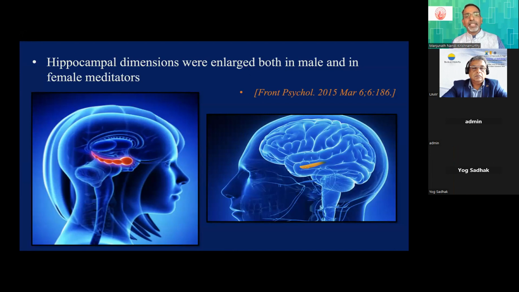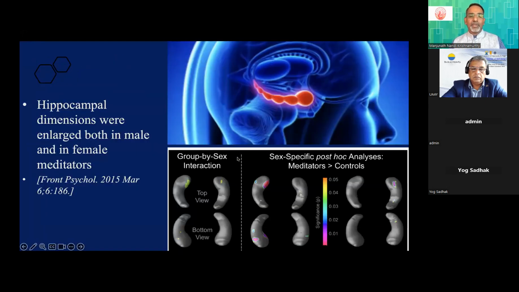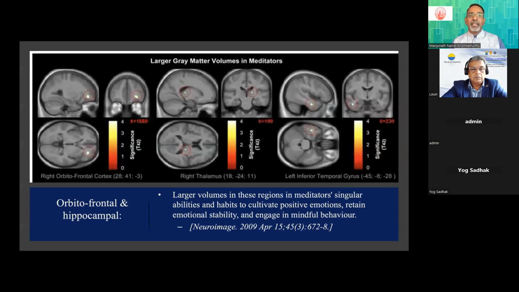Structural changes, once again, this is another study reiterating the same results. Hippocampal dimensions were enlarged both in male and female meditators, suggesting that probably the effects are similar whichever gender it is when you talk of meditation. And this once again talks about how the whole process can be seen in much more detail.